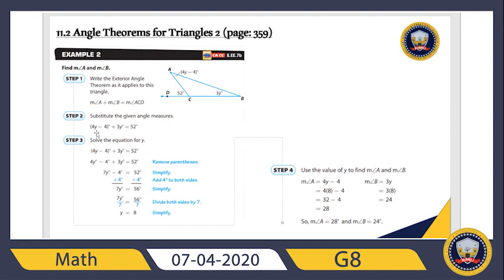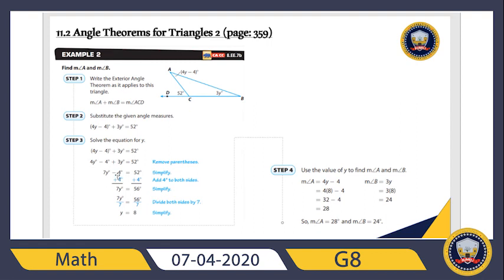All right, now you are going to simplify your equation. Okay, so this is what? You just open the bracket, so 4y minus 4 degrees plus 3y degrees equals 52 degrees. You add 4y with 3y, that is 7y, minus 4 equals 52. Okay, this is a simplified equation.